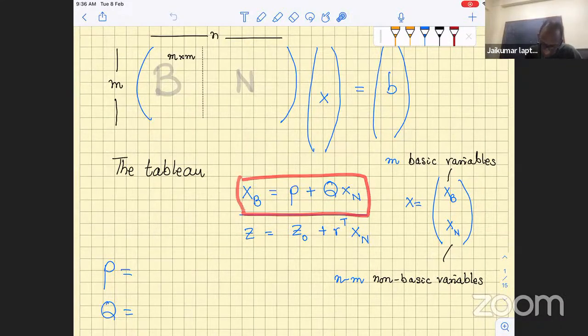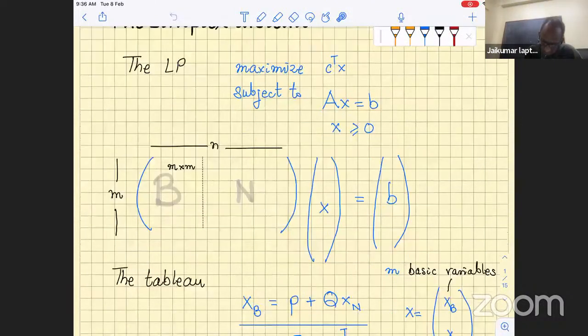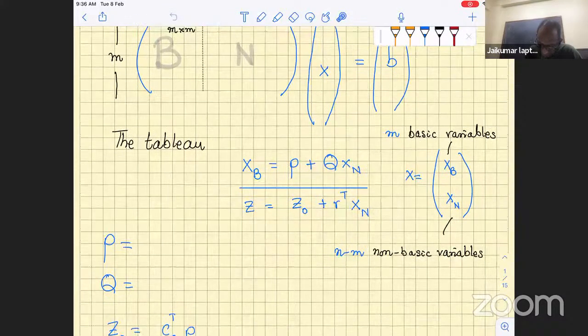And simultaneously, the objective function, which used to be here, we rewrite in terms of the independent variables. Okay, so the only thing that appears in the objective function here is the independent variables, and there is the scalar constant.